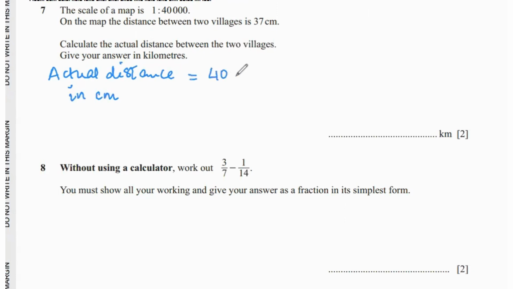That's going to be 40,000 times 37, which is going to give us 1,480,000 centimeters.